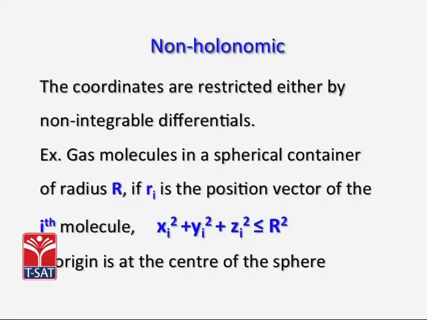Now we will see non-holonomic constraint. The coordinates are restricted by non-integrable differentials. For example, gas molecules in a spherical container of radius r: if ri is the position vector of the ith particle, it can be written as xi square plus yi square plus zi square is less than or equal to r square, if the origin is at the center of the sphere.